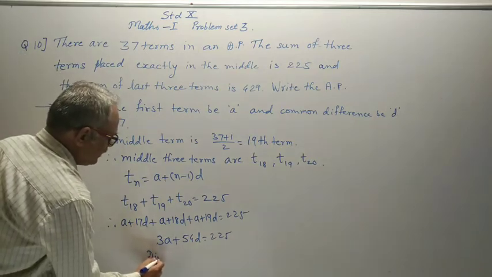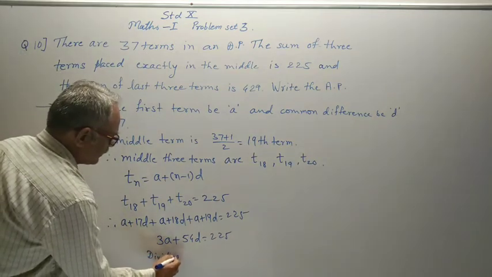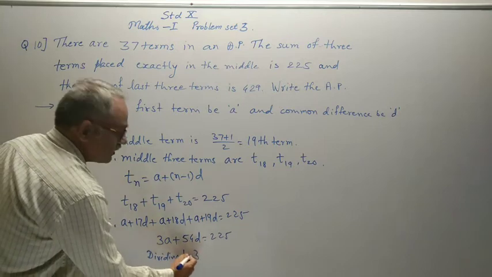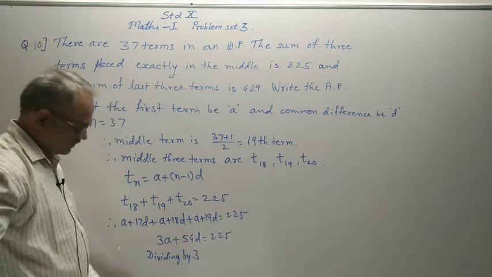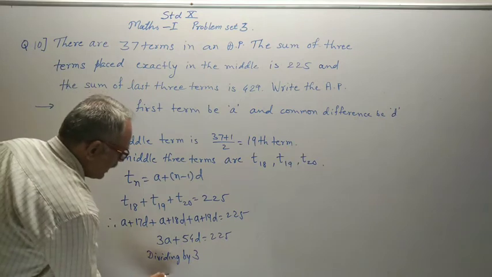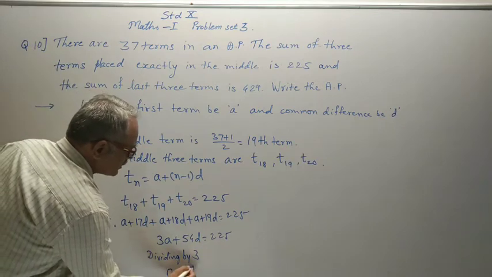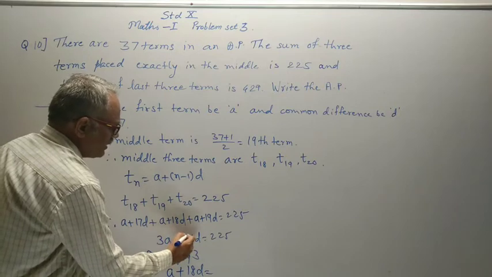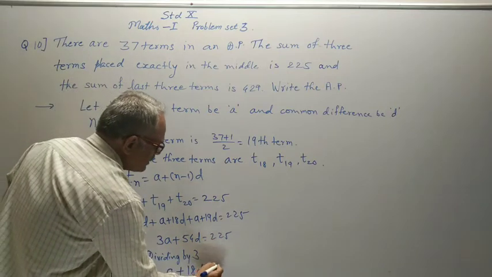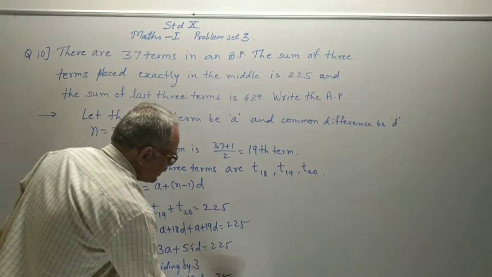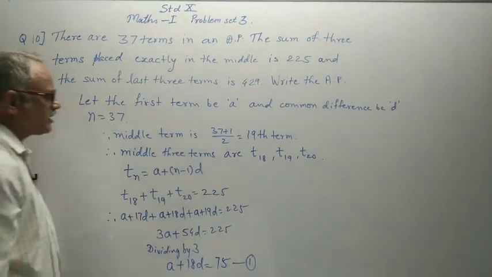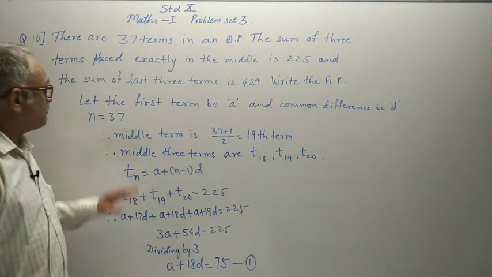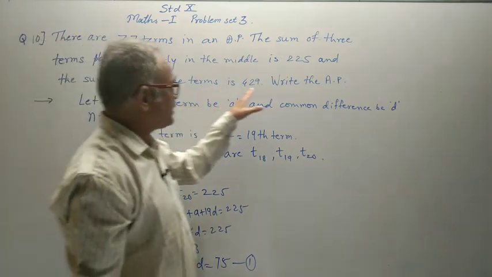Dividing by 3, A plus 18D is 75. Equation number 1. And by the second condition, the sum of the last three.